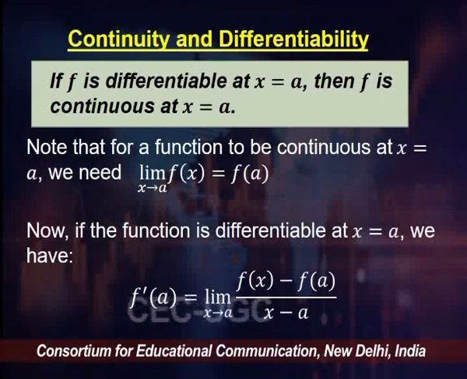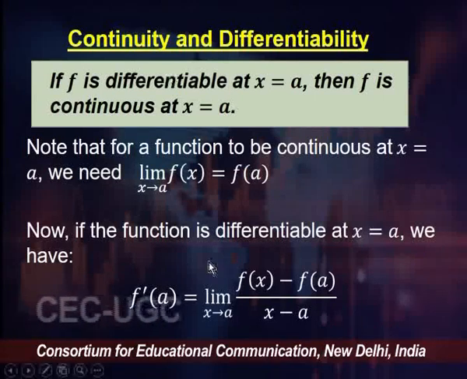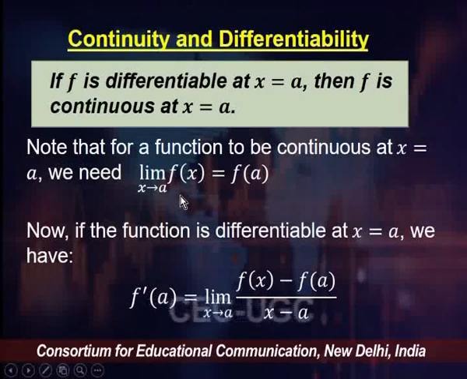Okay. Now, to prove this, let us first get a sense of what it means for a function to be continuous at x equal to a. And we have done this in the lecture on continuity, that there are three conditions that must be met for a function to be continuous at x equal to a. One being the function should be defined at x equal to a. The second is that the limit of the function should exist, so the limit of f of x as x tends to a should exist.